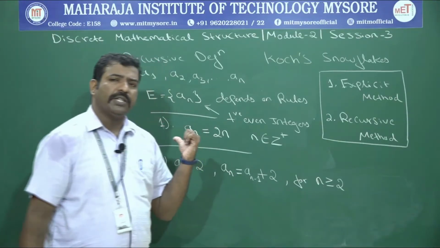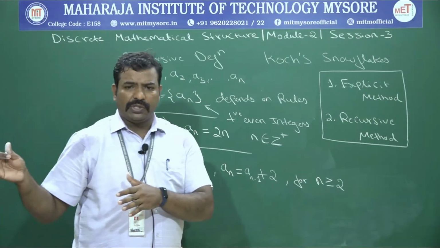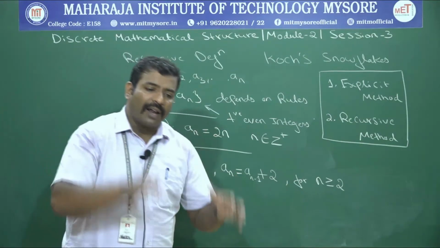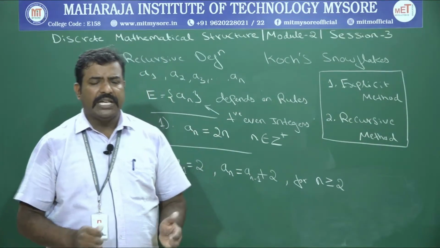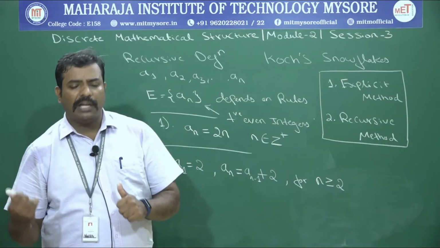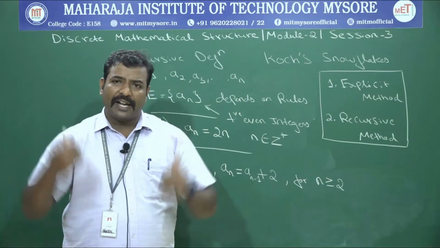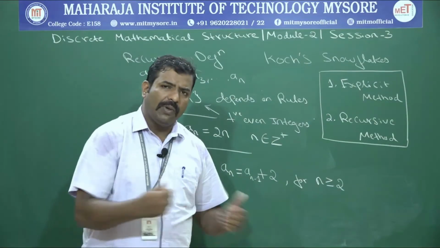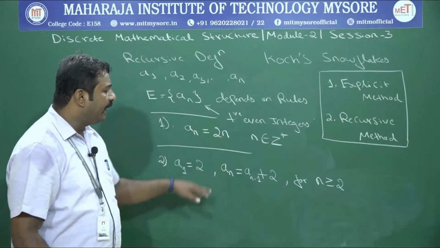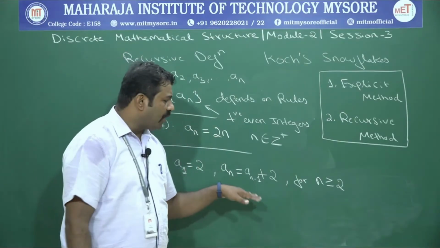If you want to depend upon the previous values and work on the current value, or being at the current value, if I want to work on the next value, in that case, think about the recursive general form.